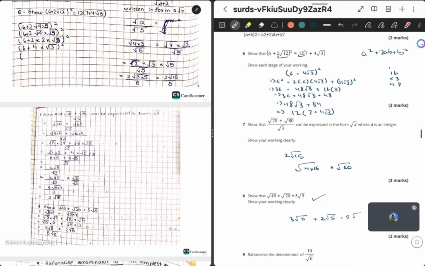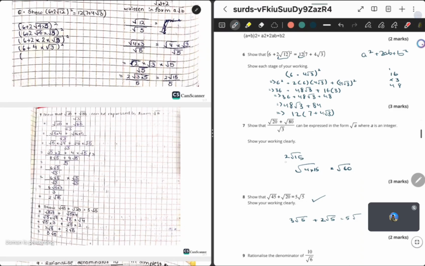Because it's going into the root, yes? Yes. Okay. So 2 squared is 4. Yes. Okay. So you get root 60. This will be your final answer. Okay. So this will equal to under root 2 squared times 15.